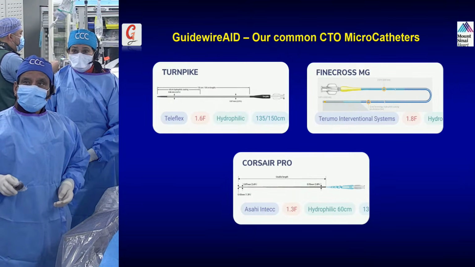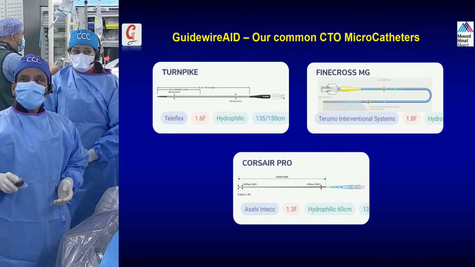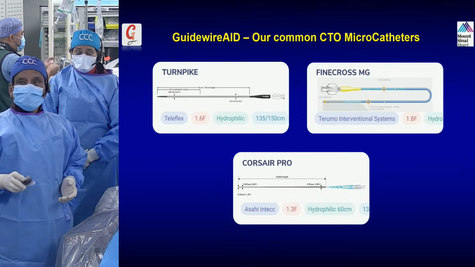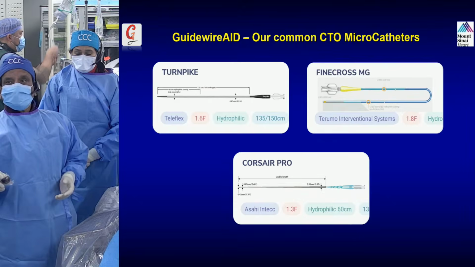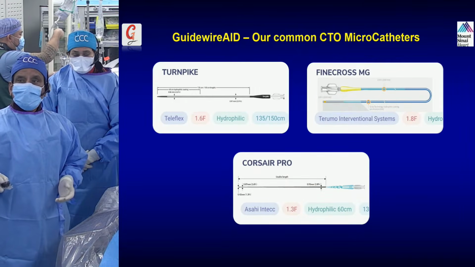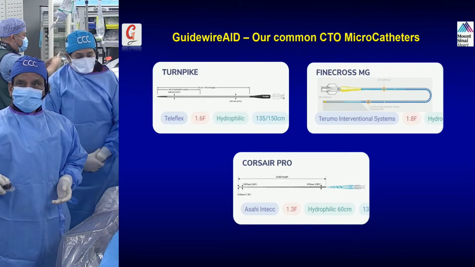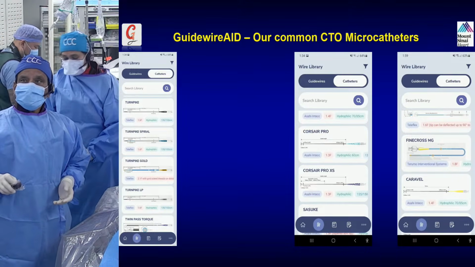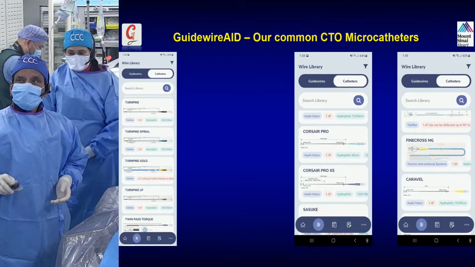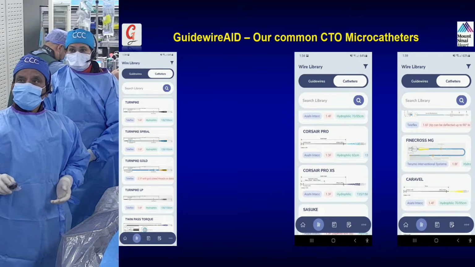Today we are going to use Corsair. Corsair comes in 130 and 150; the 150 is if you're doing retrograde, because you need a longer one to go from the contralateral side into the main vessel. But we'll start with 130. If we have to go retrograde, then we have to change the length.